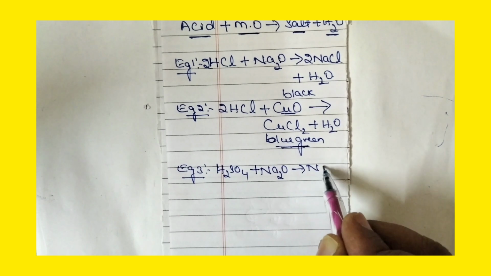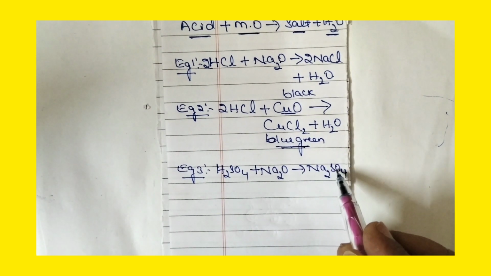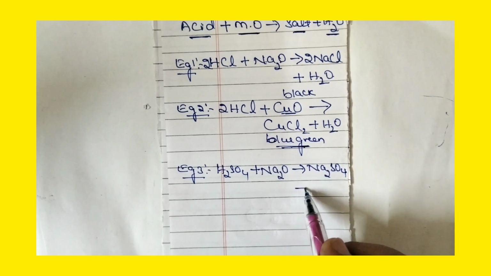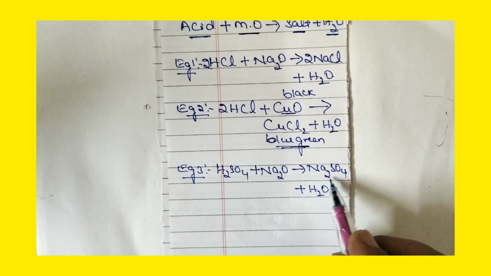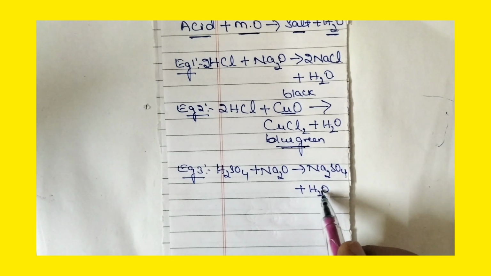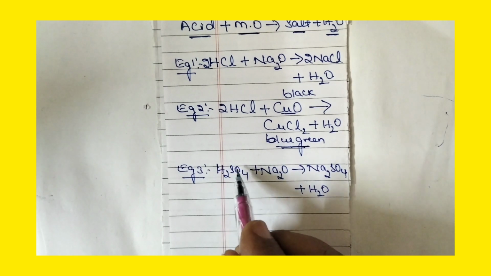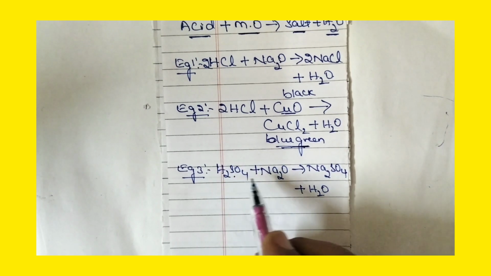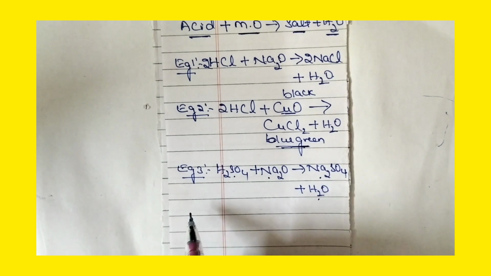The name of the salt is Na2SO4, called sodium sulfate. Along with sodium sulfate it forms water. Sodium sulfate is a salt, H2O is water, Na2O is the metallic oxide, H2SO4 is the acid. Acid reacts with metallic oxide to form salt and water.